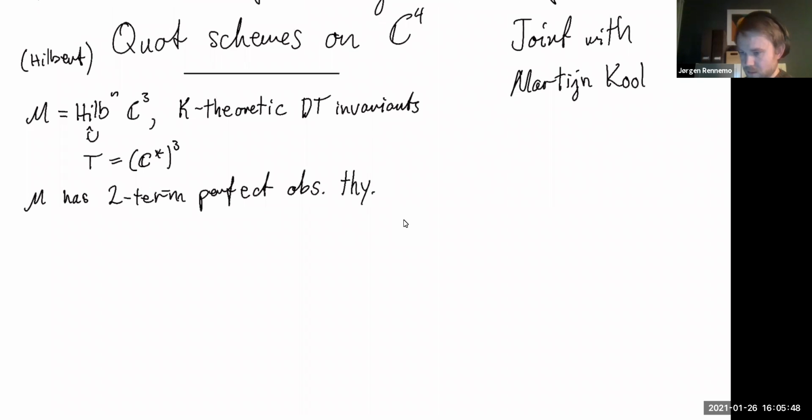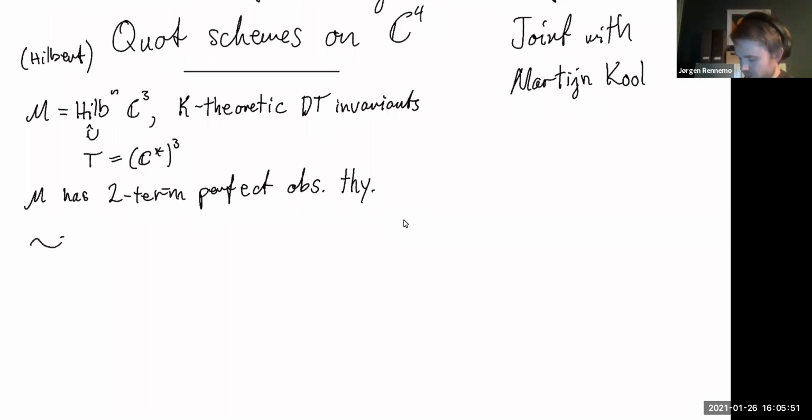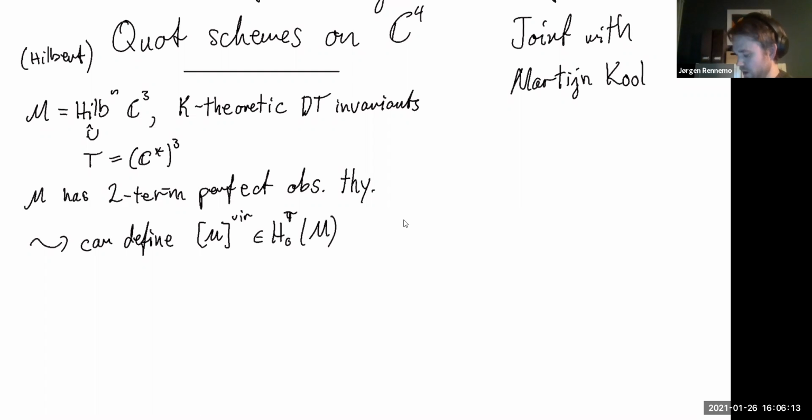And the fact that it has a perfect obstruction theory implies that we can define its virtual fundamental class in H0 of the equivariant homology of M. That would give you the original DT invariant, or the cohomological DT invariant, or whatever you want to call it.